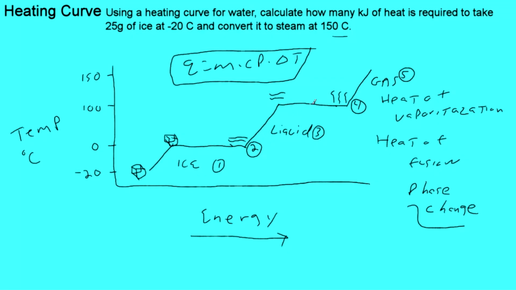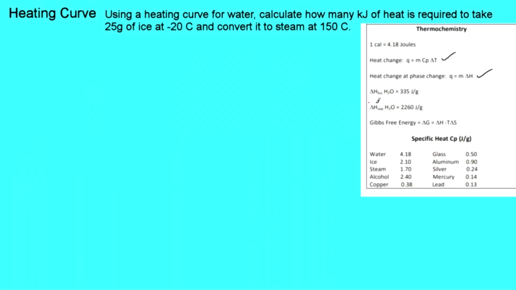At 100 degrees, it stays at 100 until it moves past it. So that's why we're going to use this formula. This delta H stands for the change of enthalpy, which is heat. So all we're going to do is use these numbers here. Delta H of fusion is 335. Delta H of vaporization is 2260.